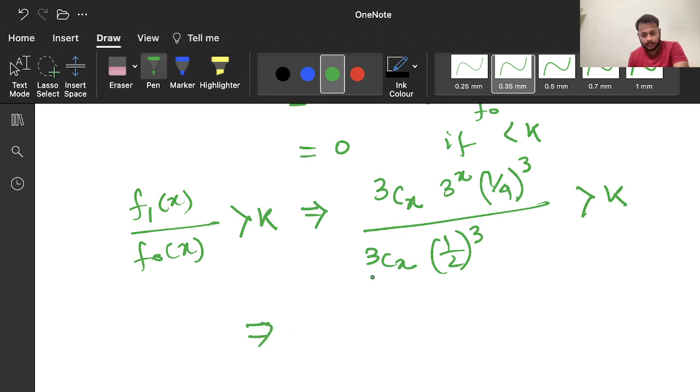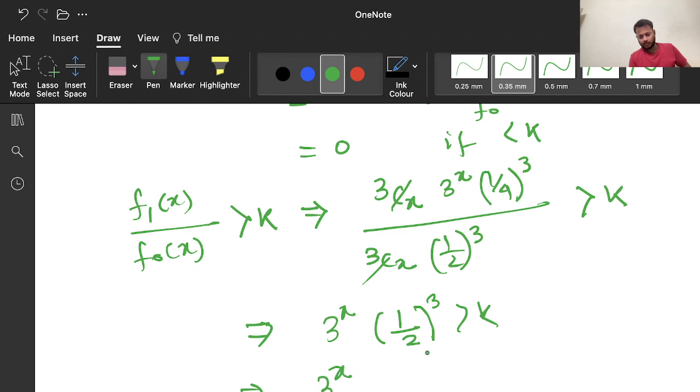So that means, this is another constant: 3 to the power x, and this is half cube, so this is another constant. So you can take this constant to the right side and make another constant.